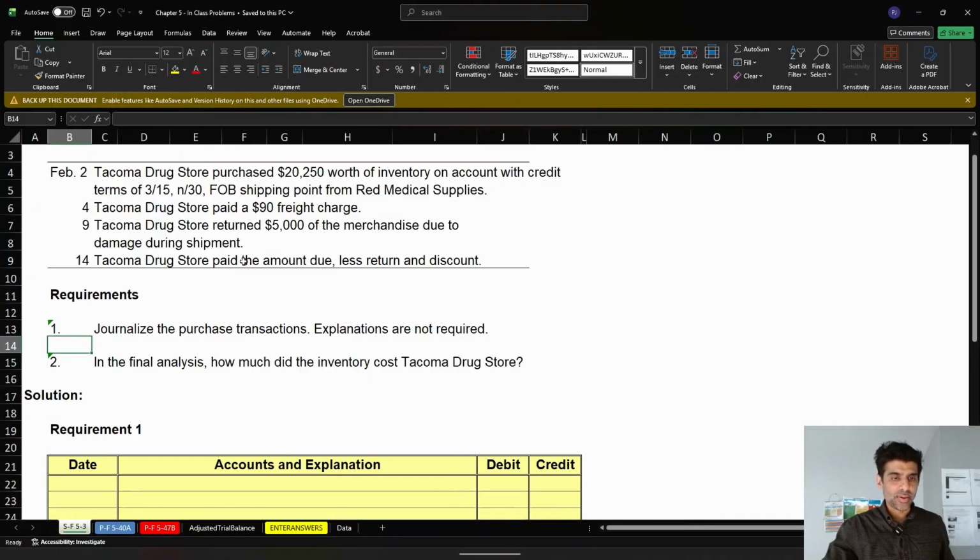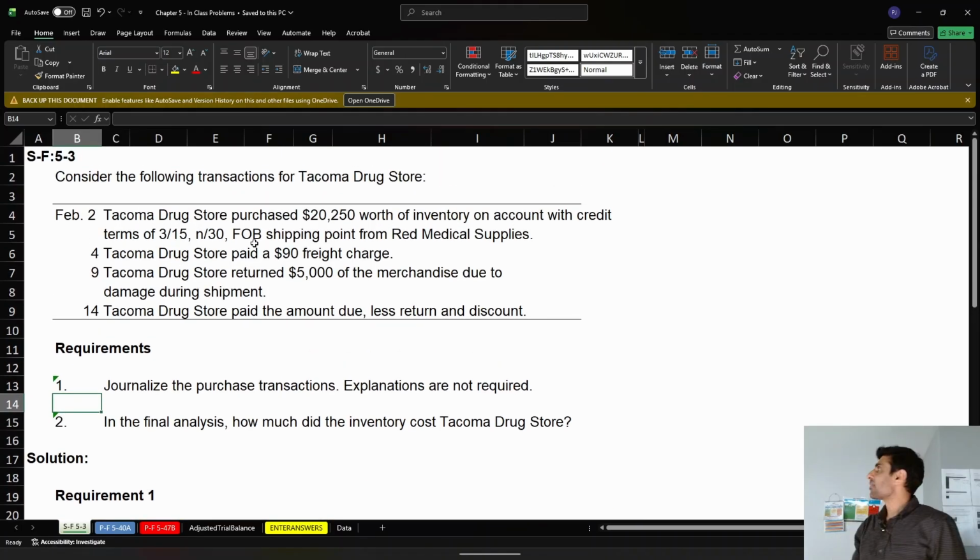Okay, so this first one, what accounts are involved? We just talked about this new account that we're going to be using for a merchandise business called inventory. It's an asset. I'm getting inventory. That's what this whole transaction is. I'm receiving these goods that I'm going to be selling at some future time.